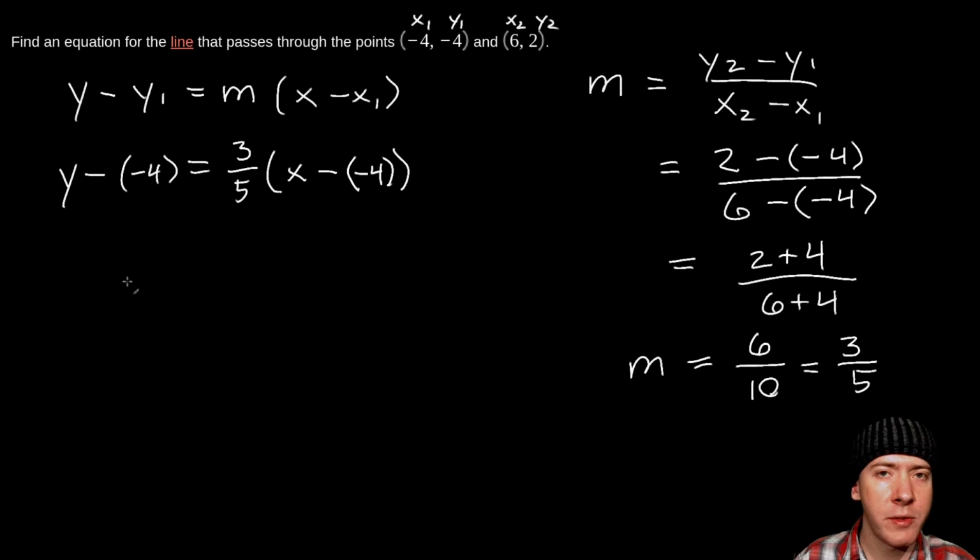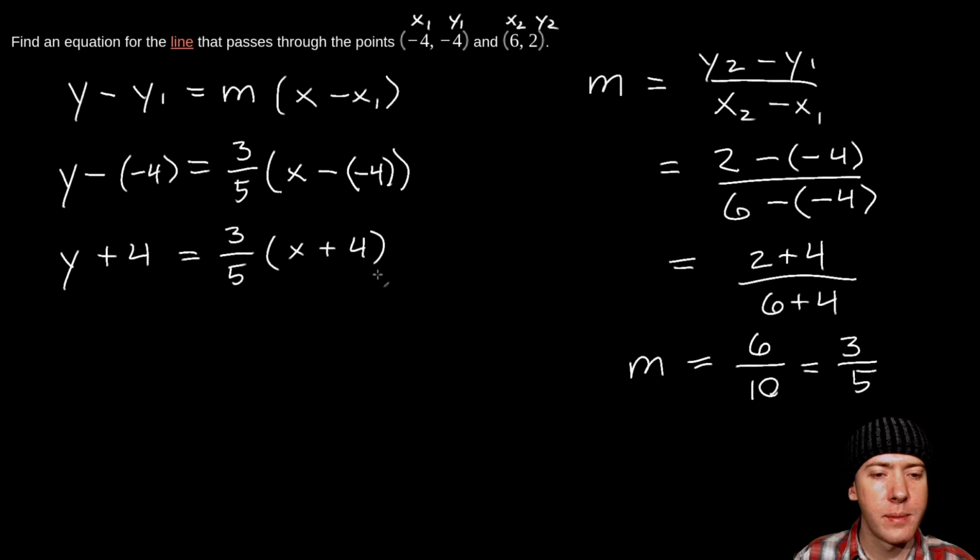Now, we should simplify this if we can, and we also need to solve it for y. The first step I would take in simplifying it is I would change these double negatives in both places to addition. So the left-hand side is the same as y plus 4. And on the right-hand side, the things in parentheses, that's the same as x plus 4. Okay?